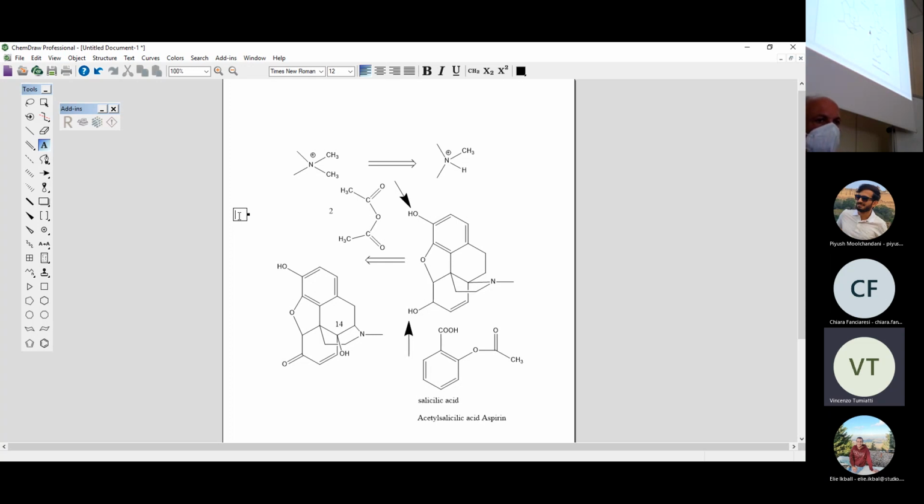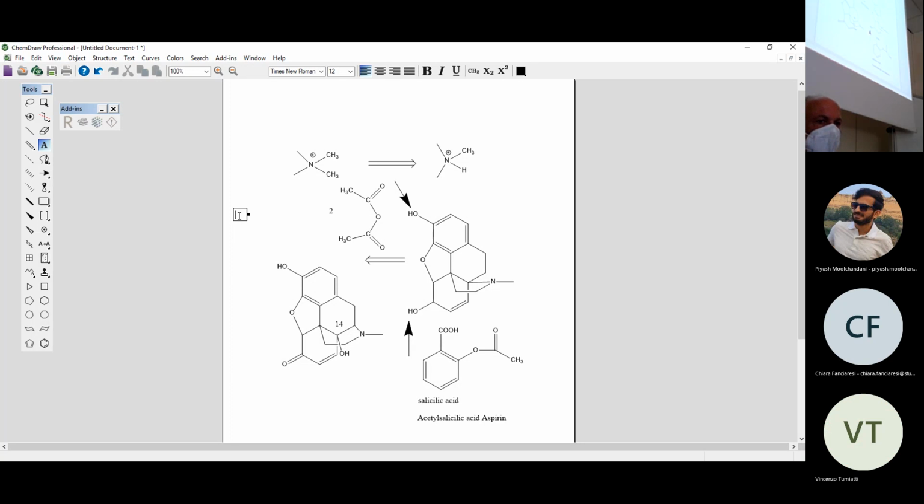Very potent, but with the same side effects of morphine, so dependence, tolerance, and so on. So very potent, but check carefully the side effects. This OH in this position is very important to have an optimal interaction with the receptors.